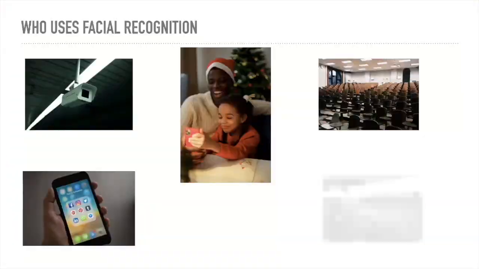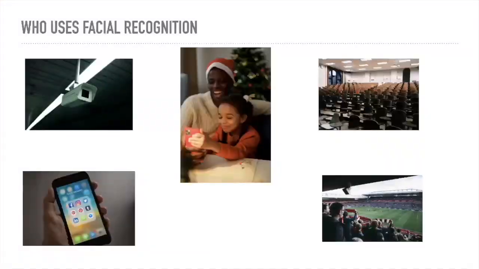The fifth one might be a bit surprising for many people, but sporting events are now using facial recognition. What is the objective of doing so by sports companies? Well, there are many marketing objectives which can be served through facial recognition, and it's outside the scope of this lecture, so we won't be talking about it.